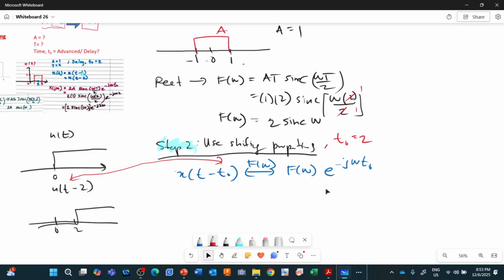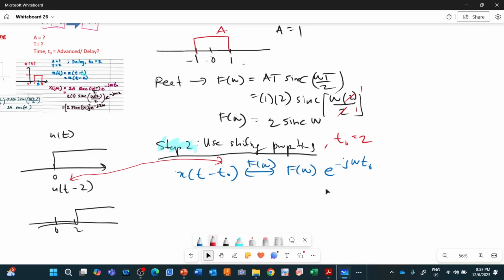So if you compare with this one, just now, x(t - t naught). For this case, you write it as x(t + 2).